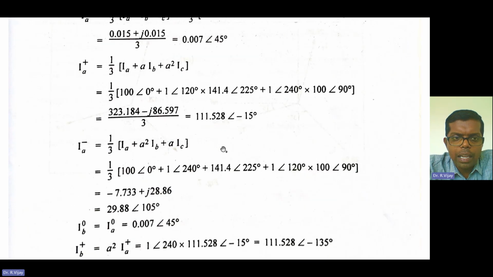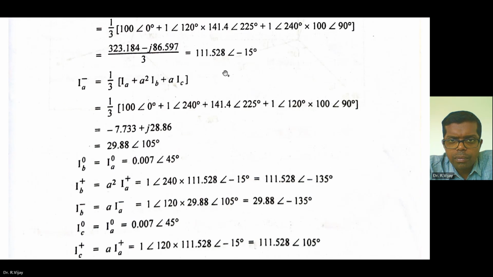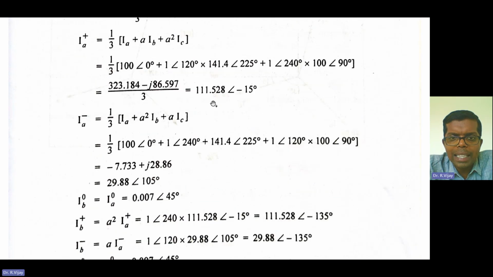Next, what is the IB positive value? IB positive value is 111.528 at the angle of minus 135 degree. Because here you just note down IA positive and IB positive, the magnitudes are same. The magnitude is the same in the sense here also 111.528, here also 111.528.